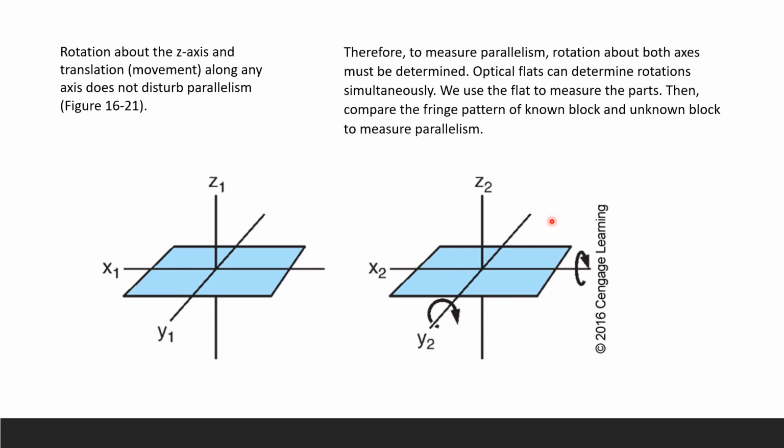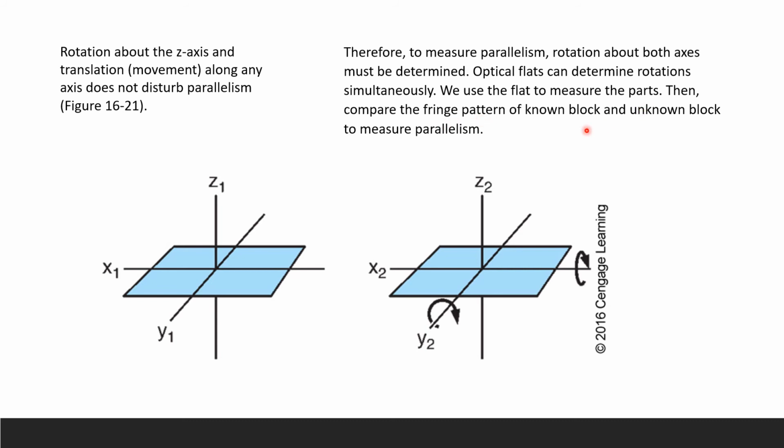So we use a flat to measure the parts, okay? Then compare the fringe pattern of the known block and your unknown block to measure the parallelism, yeah? Since we're using optical flats, we're using light, so you will definitely get the fringe pattern.